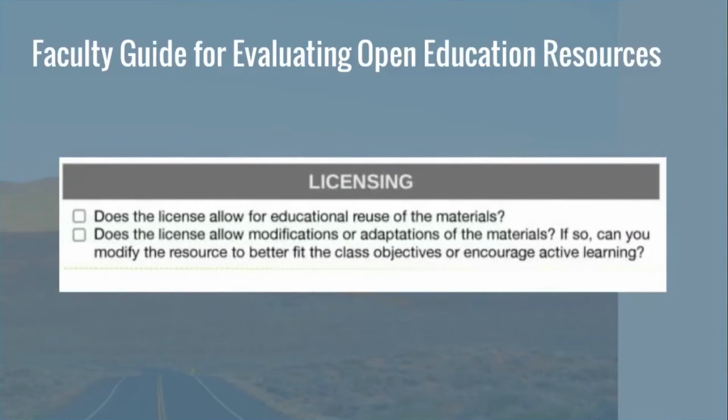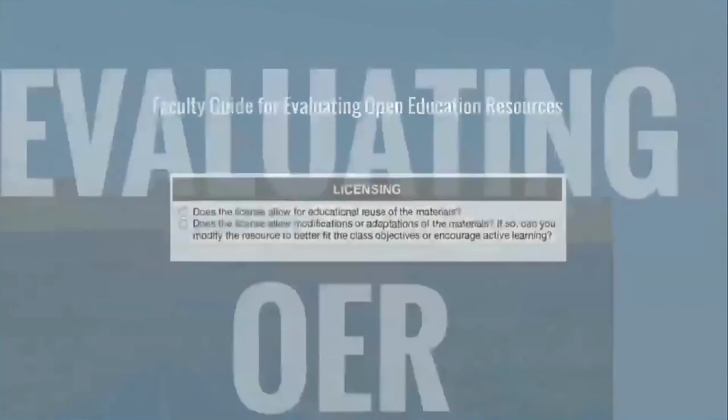Last but not the least concern is licensing, where you have to check for concerns like does the license allow for educational reuse of the materials and permit modification or adaptation of the materials.